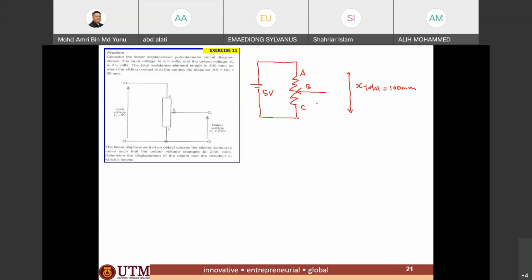So when it's at half, between A, B and B, C, at the position of the slider contact, the output is 2.5 volt.